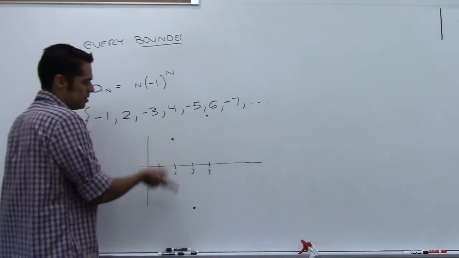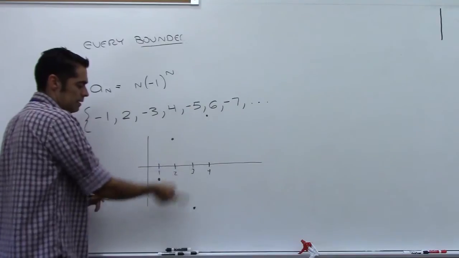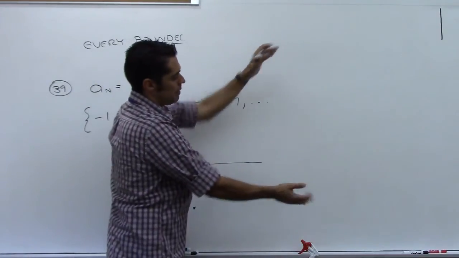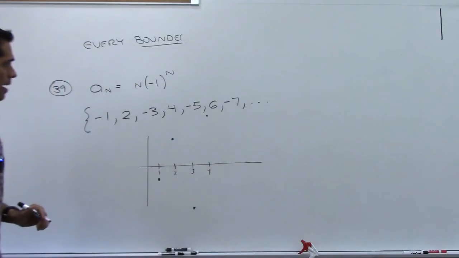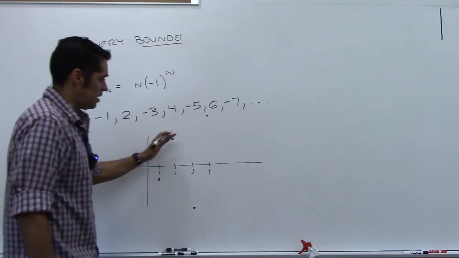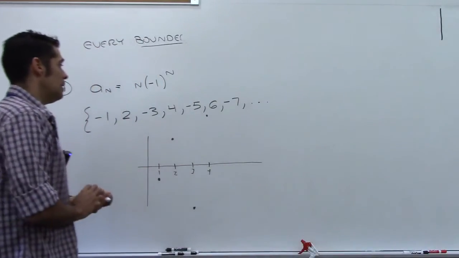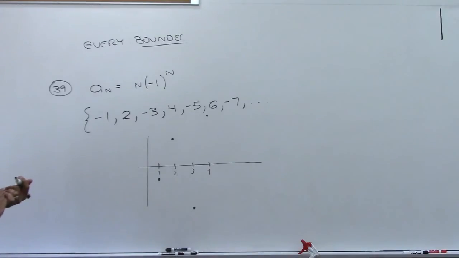And so what's happening is this is flipping back and forth between positives and negatives, but it's fanning out. It's getting bigger and bigger. So there's no way that this could be an increasing sequence. It doesn't keep going up. It doesn't keep going down. It's going back and forth. And on top of that, it doesn't appear to be bounded, right?